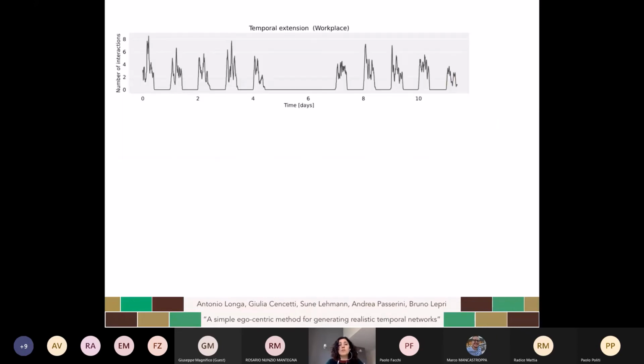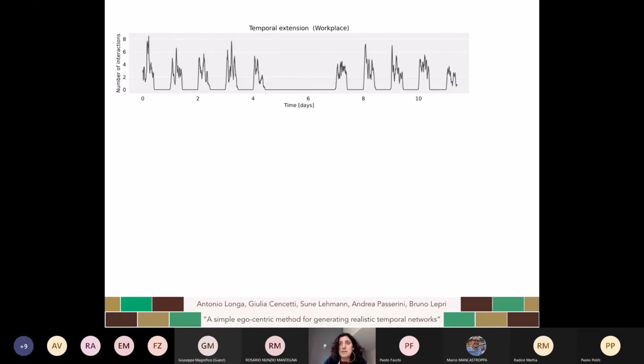Then, before concluding, I just want to show an application of this method. I was mentioning before the data augmentation. Well, it is sometimes useful to have long data sets, so long temporal networks, to simulate some specific problems.